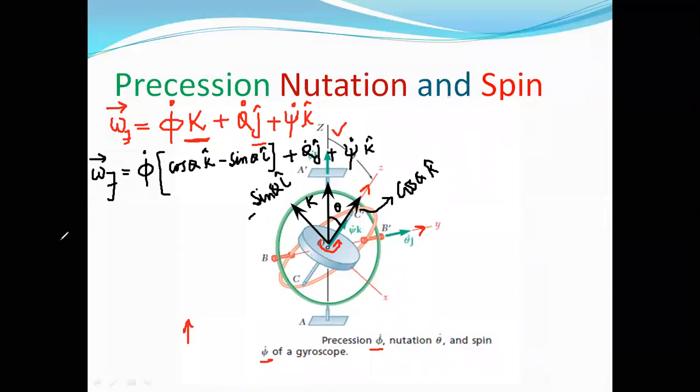This can further be modified and written as omega equal to the angular velocity. Let me not subscript it by j, because I know it's with respect to ground.